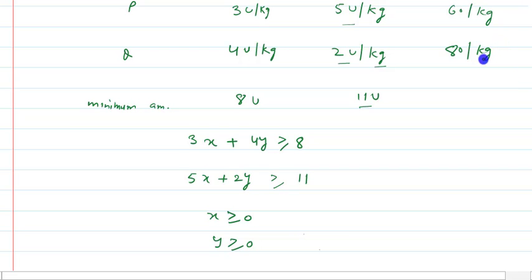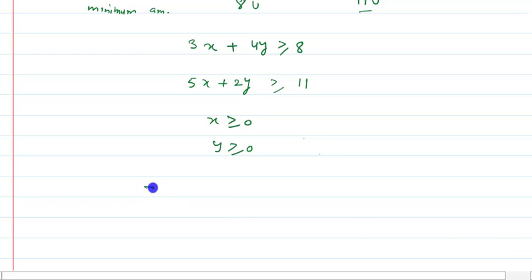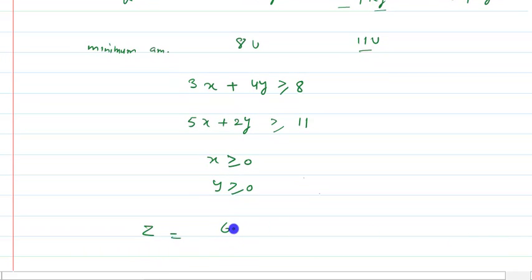And now we need to minimize the cost. So therefore, our objective function will be z equal to, per kg cost is given 60 and 80 for food P and Q. So for x kg we are having 60x as the cost for food P and 80y as the cost of food Q. So we should write here minimize z equal to 60x plus 80y.